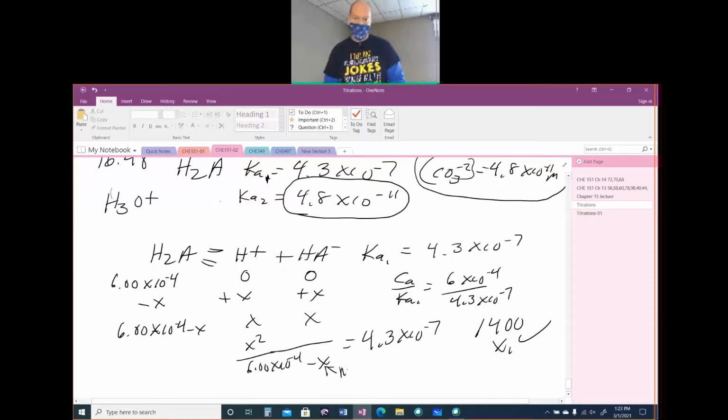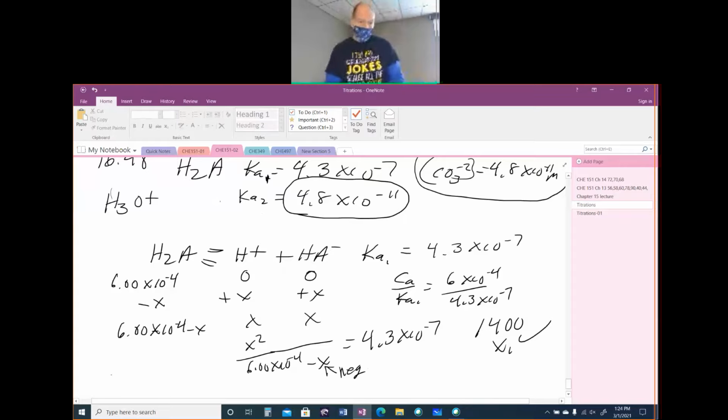We can neglect this X, and since our CA over KA was greater than 1,000, we do not have to check it. So we have 6 times 10 to the minus 4 times 4.3 times 10 to the minus 7. And then we take the square root of that, and that is our answer for X.